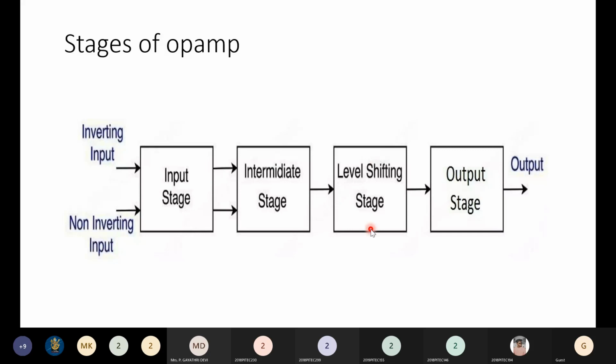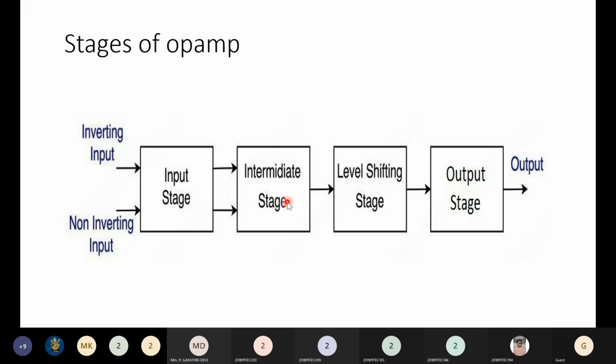That is, in the introduction itself, I told that op-amp will amplify both AC as well as DC signals, is it not? So here you will not block the DC. Generally, when you have a multi-stage amplifier section, we always put a coupling capacitor between the stages, which will be used to block DC, and only the AC signal will get amplified.